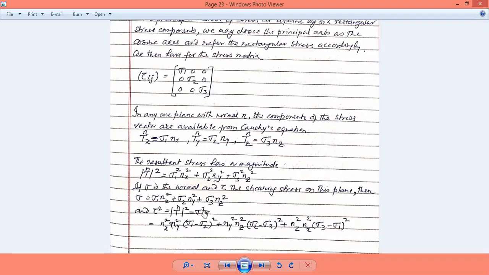If we square sigma and subtract it from T squared, we get nx squared ny squared times (sigma 1 minus sigma 2) squared, and similarly for sigma 2 minus sigma 3 and sigma 3 minus sigma 1. This is the equation for tau squared.